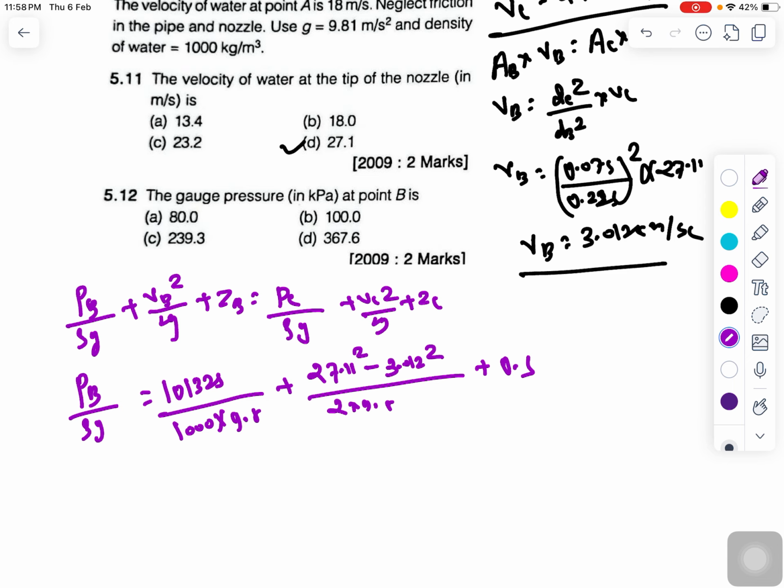This one multiplied with again 1000 multiplied with 9.8. So here you will be getting, you are supposed to calculate in kilopascal, divided by 1000, minus 100.